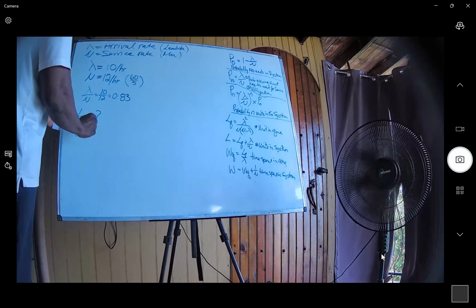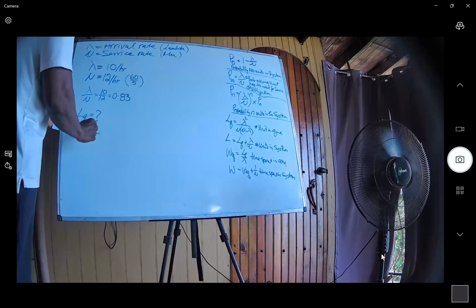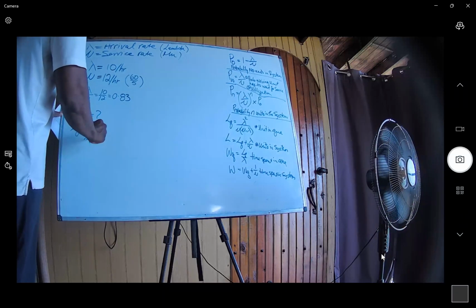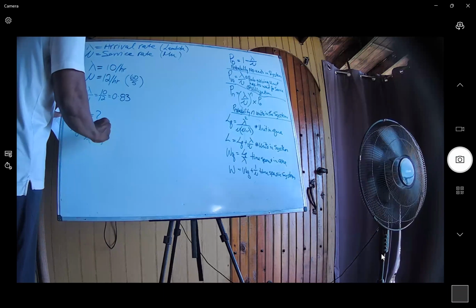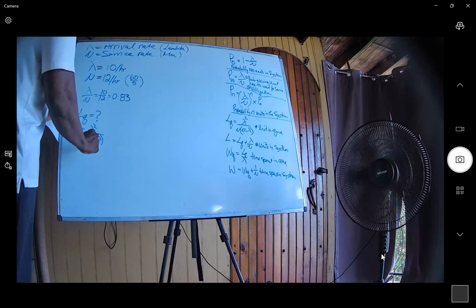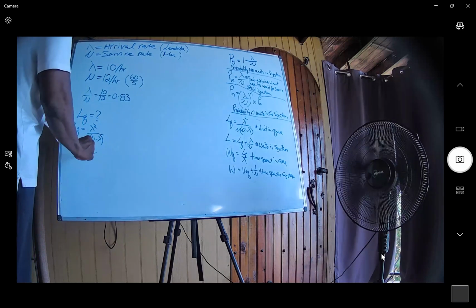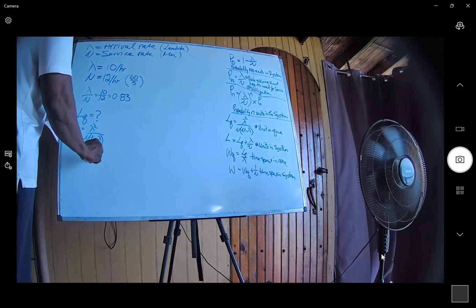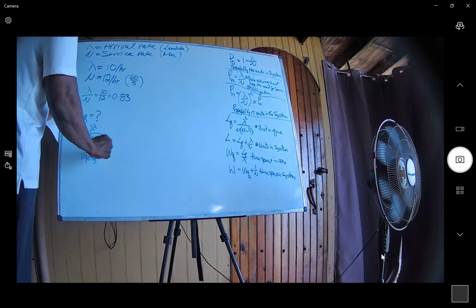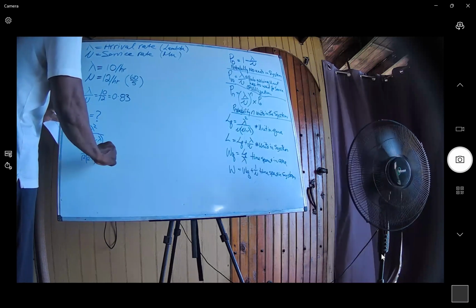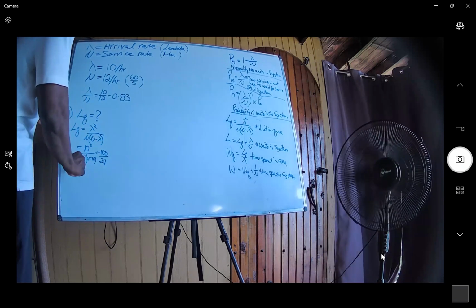LQ is equal to lambda squared over mu times mu minus lambda. That's going to give me 10 squared over 12 times 12 minus 10. That's 100 over 24. What's my LQ?